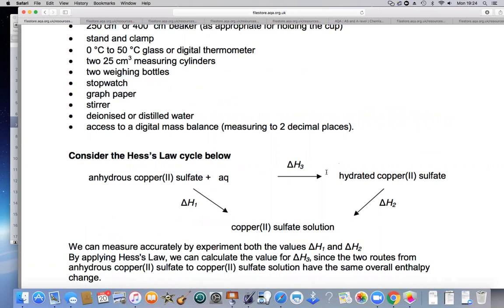Now, you can't measure delta H3 as written here directly, but what you can do is dissolve anhydrous copper sulfate in water and hydrated copper sulfate in water, and they will both form copper sulfate solutions. So you have the basis of a Hess cycle. So if you can measure delta H1 in kilojoules per mole and delta H2 in kilojoules per mole, you can determine delta H3 using Hess's law. That's the idea.